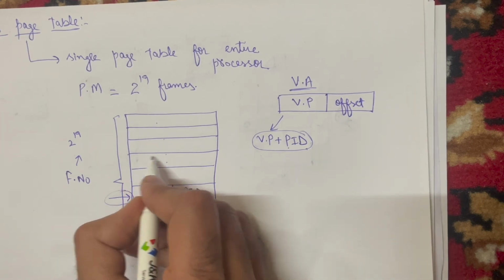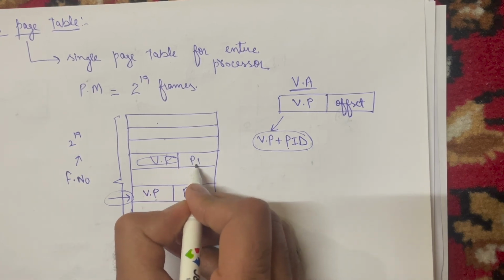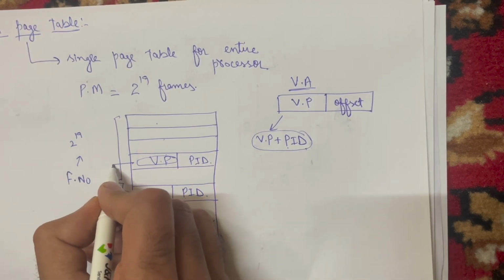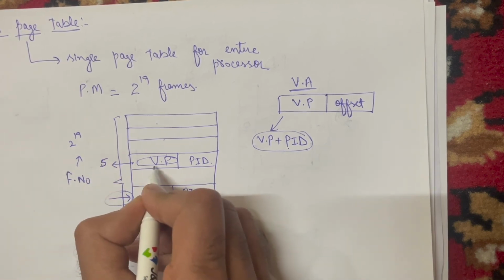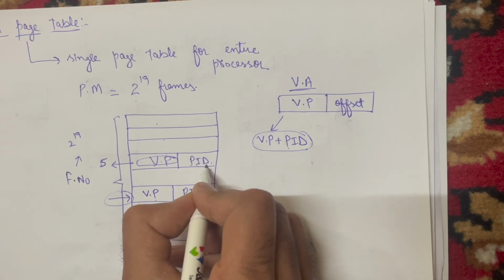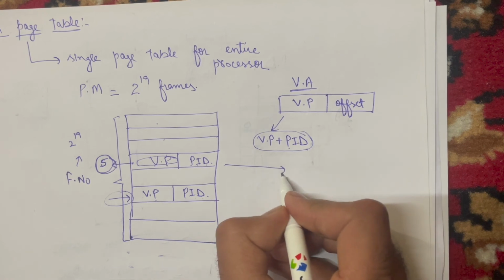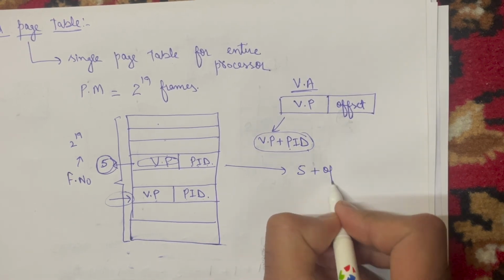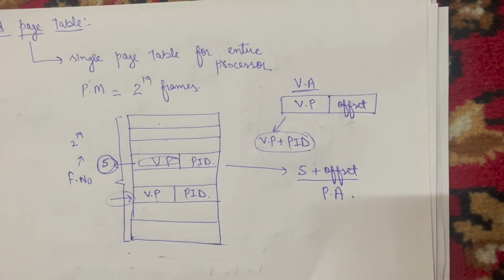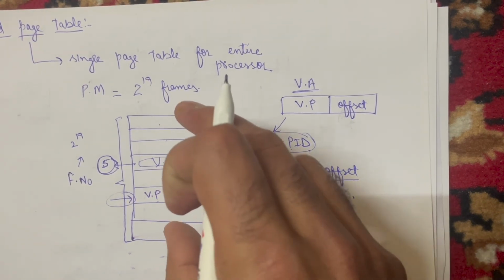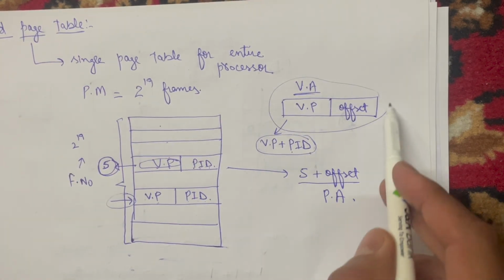So let's suppose I find these two entries here, virtual page and process ID. From here I will see the index. So the index here, for example, is 5. It means that this virtual page of this process is stored at frame number 5. So I will get frame number 5, and to this frame number I will add the offset, and this will be my physical address.